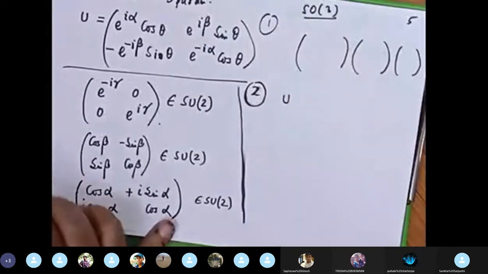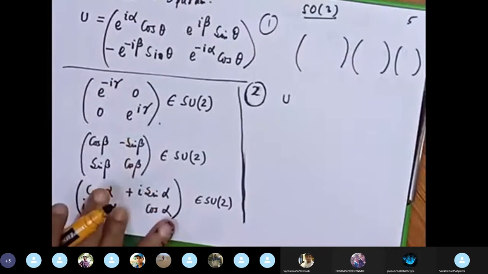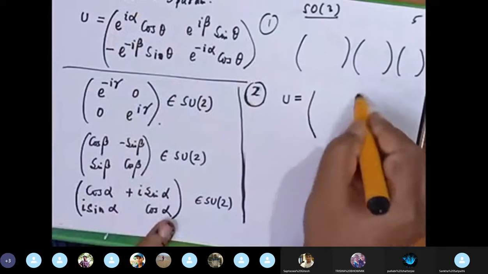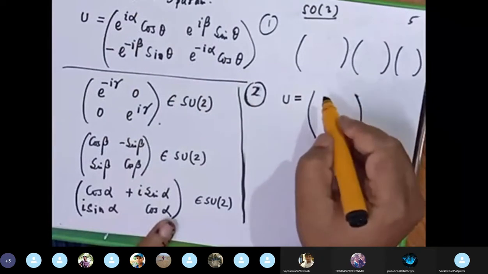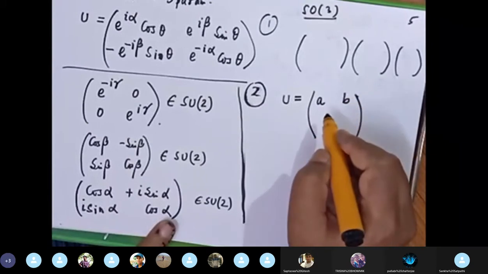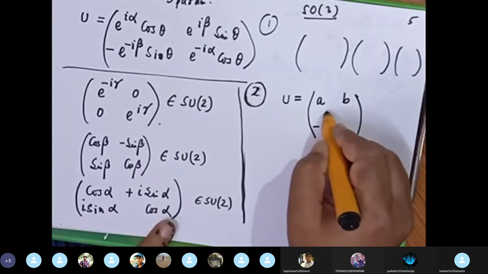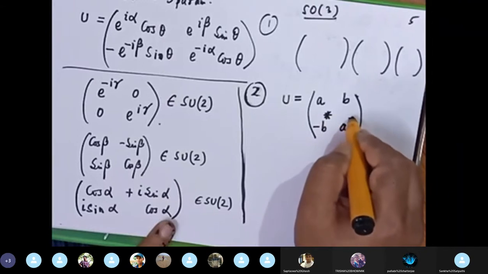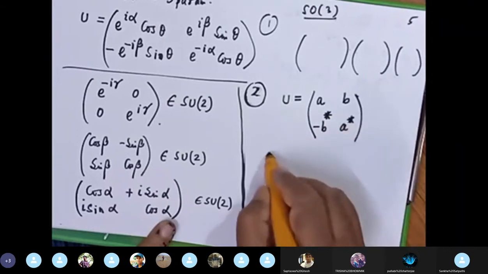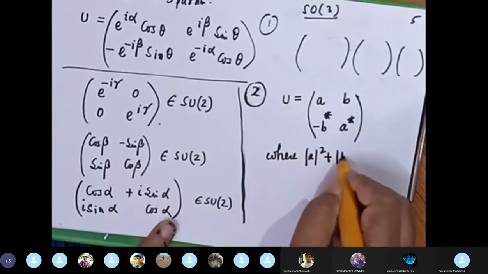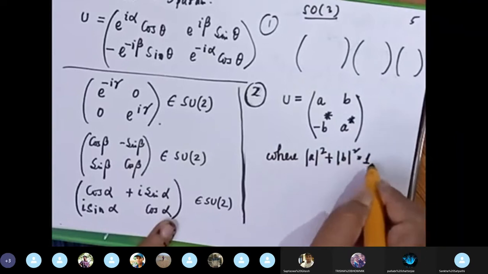Whether you choose a product of this as a parameterization or a product of this, u must always be of this form, in a simple way: A, B, minus B star, A star, where mod A square plus mod B square is equal to 1.